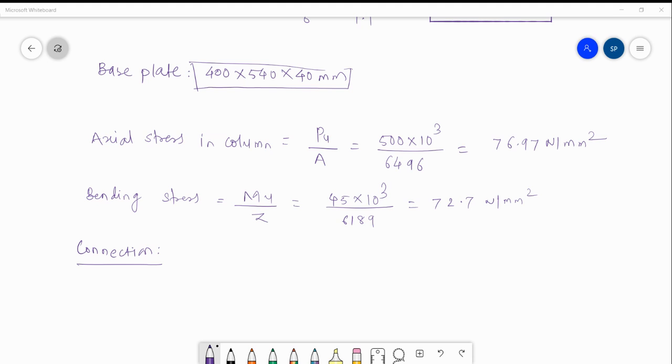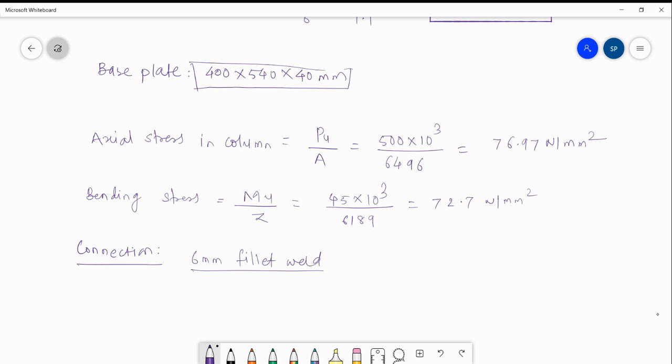Now, for connection, you have to provide a nominal weld. So let us provide 6 mm fillet weld for connection between column and base plate throughout the periphery of column.